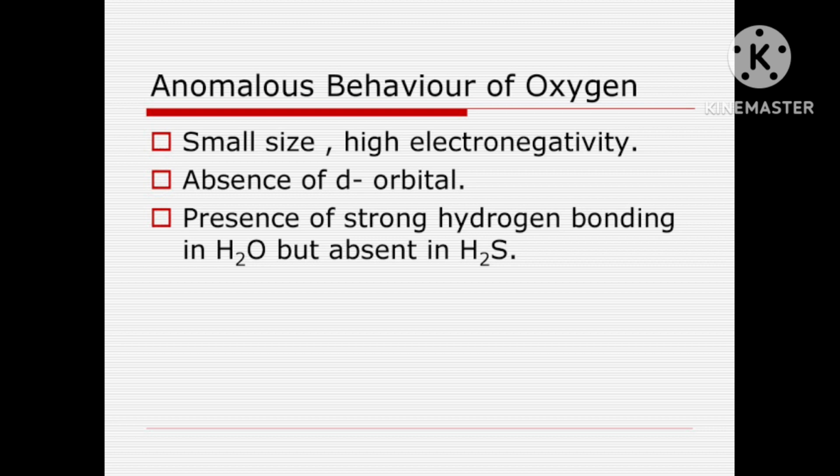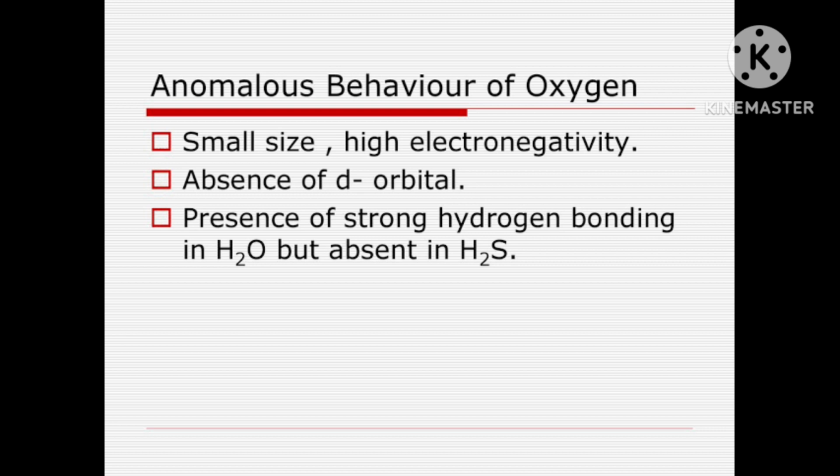So in that way, the reducing properties of dioxides decrease from SO2 to TeO2. Remember, SO2 is reducing while TeO2 is an oxidizing agent.